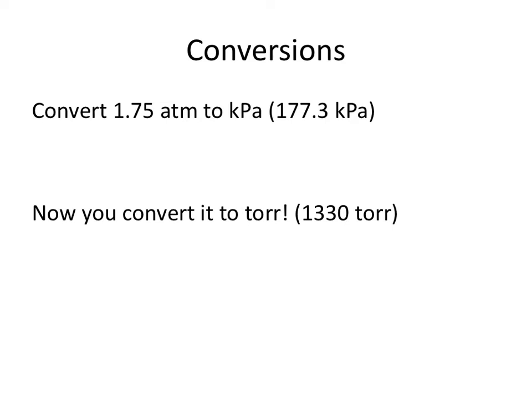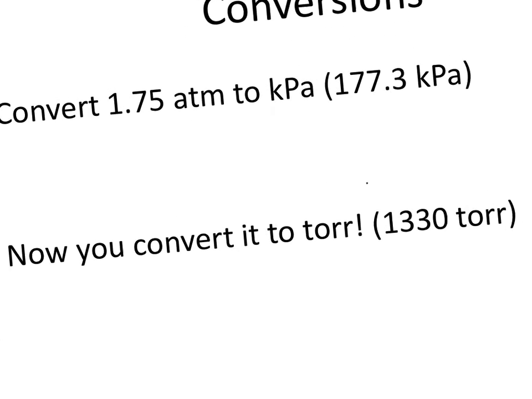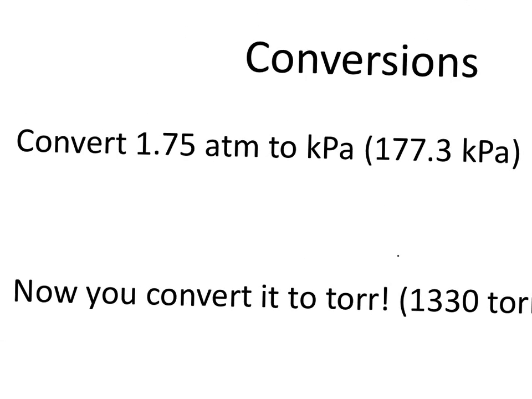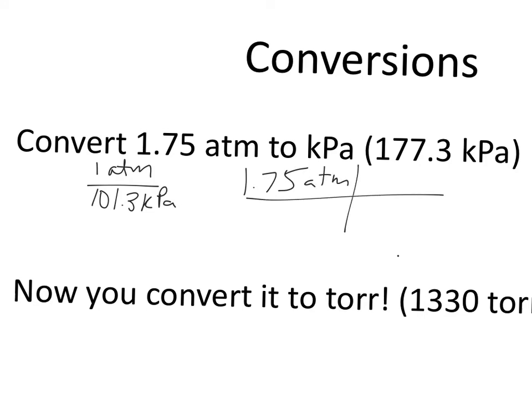So let's convert 1.75 atmospheres to kilopascals. So our conversion is 1 atmosphere is 101.3 kilopascals. So if we have 1.75 atmospheres, I'm going to flip that conversion factor.